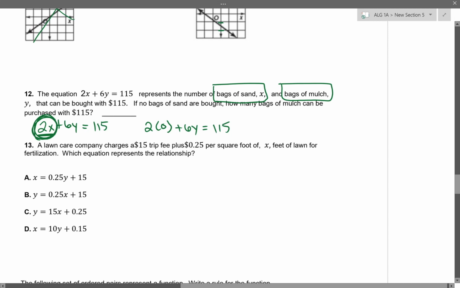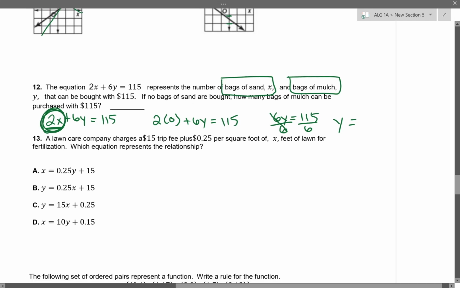So anything times 0 is 0. So it's just saying, what is 6y equals 115? How do I get rid of the 6? Well, I simply just divide it. Those 6's will cross out. Y equals 115 divided by 6, and that's about 19.16.